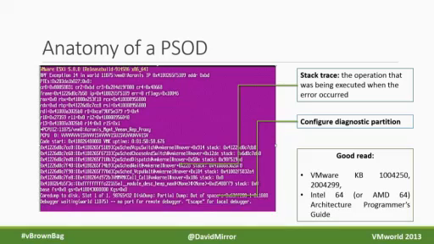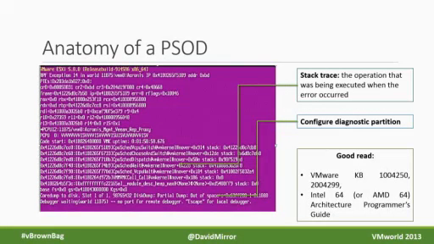And if you want further information about this topic, we recommend the VMware KBs shown on the screen, and also the CPU manufacturer programmer's guides that both Intel and AMD publish. These are very deep technical documents, but it's a good idea to know how the CPU works, moreover when server virtualization relies on the efficient allocation of CPU capacity, among other resources.